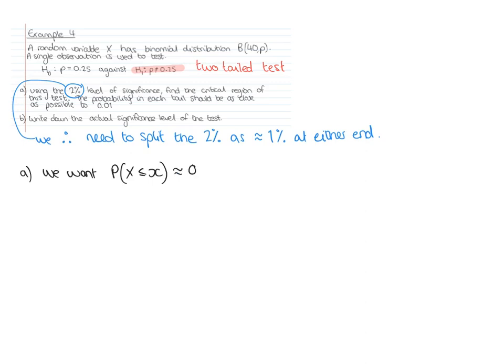Exactly the same principle: you're looking for the x value where the probability of x being less than or equal to this value is as close to 0.01 as possible. And then at the top end you'll be looking for the probability of x being greater than or equal to x, also being as close to 0.01 as possible. We'll look at that one in a second.